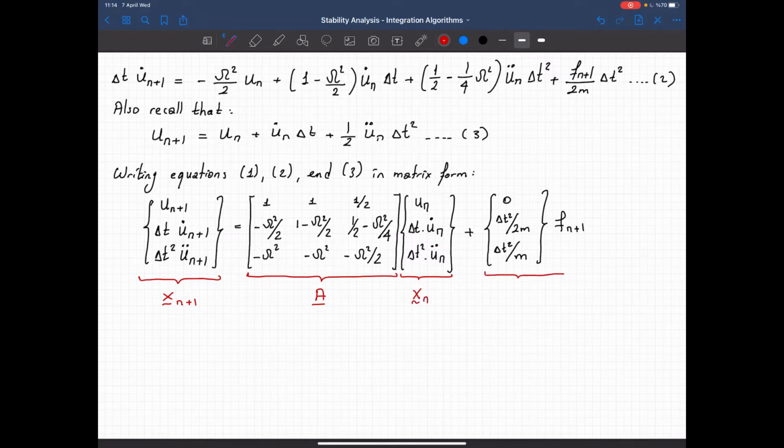And let's call this forcing function our L vector. So this equation becomes x n plus 1 is equal to the coefficient matrix multiplied by x n plus L multiplied by f n plus 1. With this approach, I just rewrite the explicit integration equations in matrix form, and this is the case for the forced vibration response.